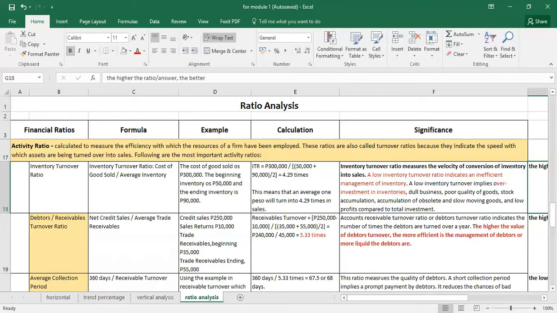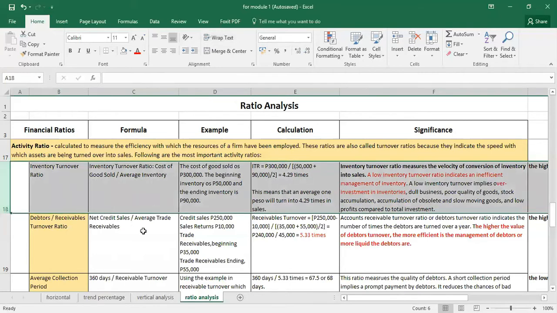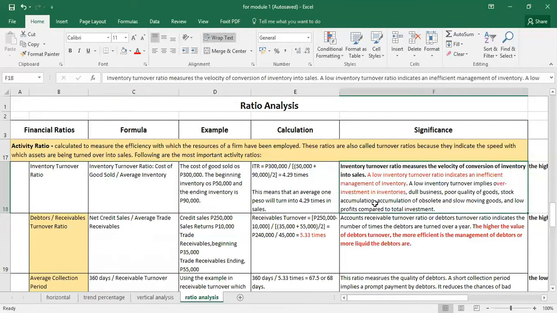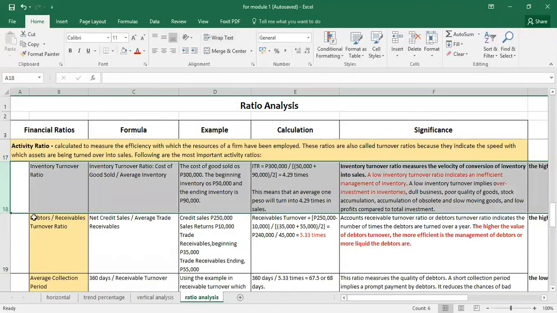So, nakalagay dito, this means that an average 1 peso will turn into 4.29 times in sales, and mas magandang magamit ang inventory turnover ratio if you are comparing two firms para malaman mo kung mataas ba or mababa yung inventory turnover ratio mo. Again, Jollibee and McDonald's ang favorite kong example, inventory turnover ratio ng Jollibee at inventory turnover ng McDonald's.